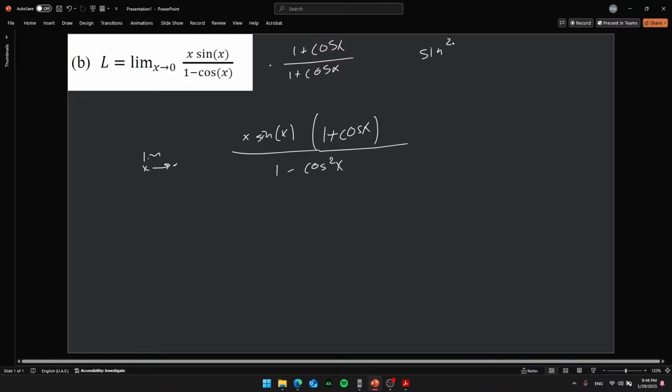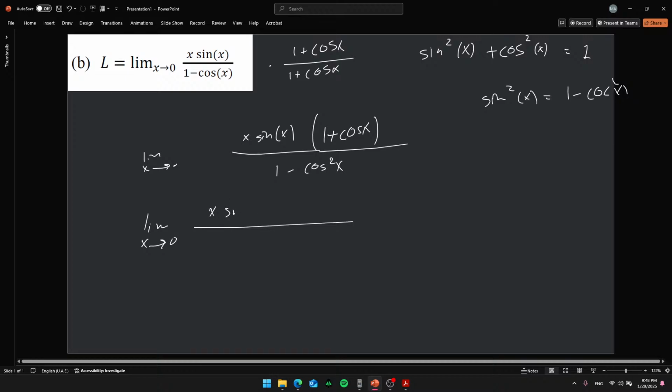Remember the Pythagorean identity that says sine squared x plus cosine squared x is equal to 1. Now move the cosine to the other side, so I get sine squared x equals 1 minus cosine squared x. So I'm going to change 1 minus cosine squared x into sine squared x.